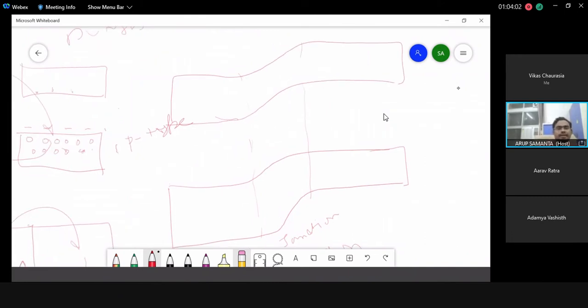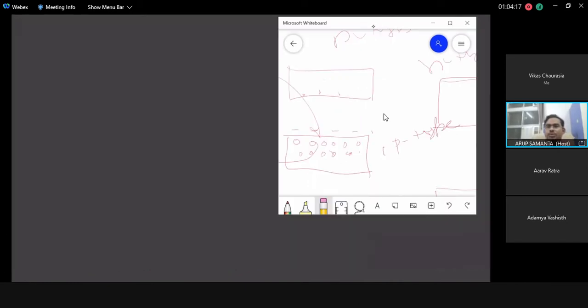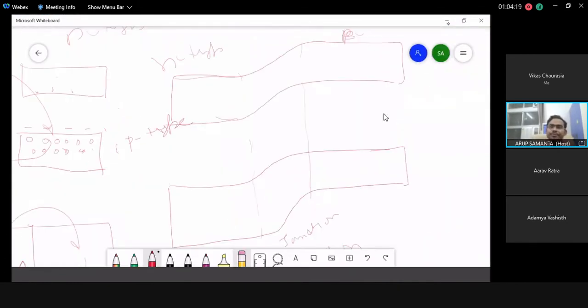So this is the real device structure, and here is the potential. The energy distribution in the valence band and conduction band should be something like this. So this is the N-type and this is the P-type system.